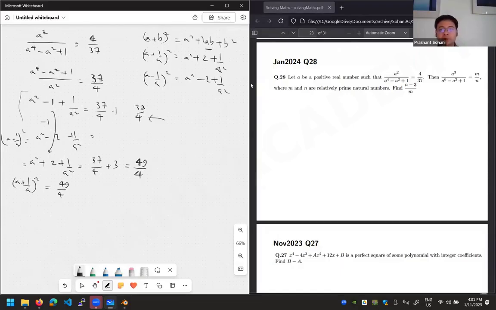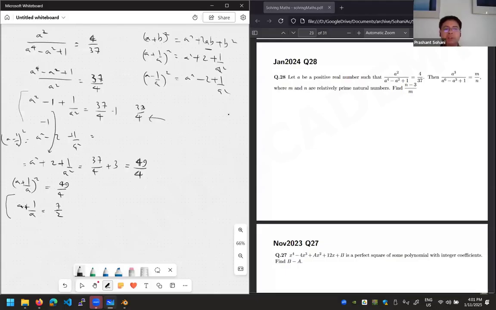Okay, and here, important again, the question has given a is a positive real number. So when I take the square root, I don't need to bother with the negative sign. Otherwise, I have to consider 7 by 2 as well as minus 7 by 2 as two separate cases. But here I'm just able to work with the positive case.